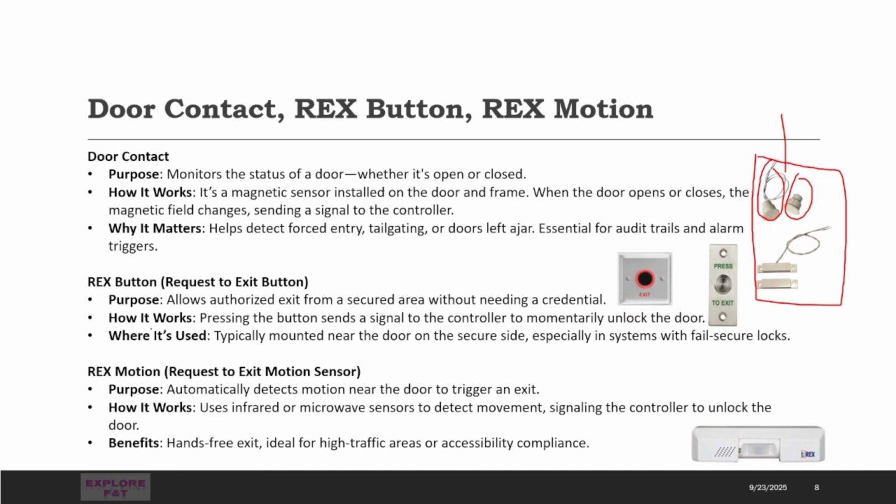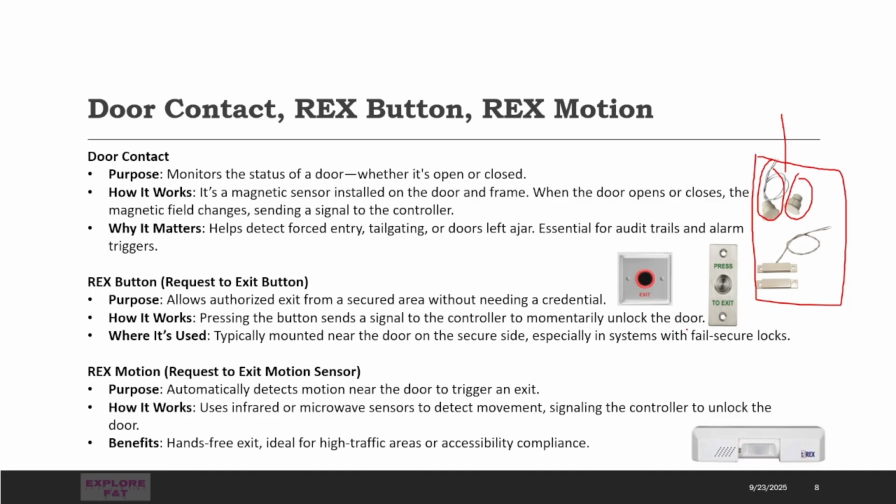This also works the same way: when you press the button, it sends a signal to the controller to momentarily unlock the door. Typically it is mounted near the door on the secure side, especially in systems with fail secure lock. You know, fail secure and fail safe.